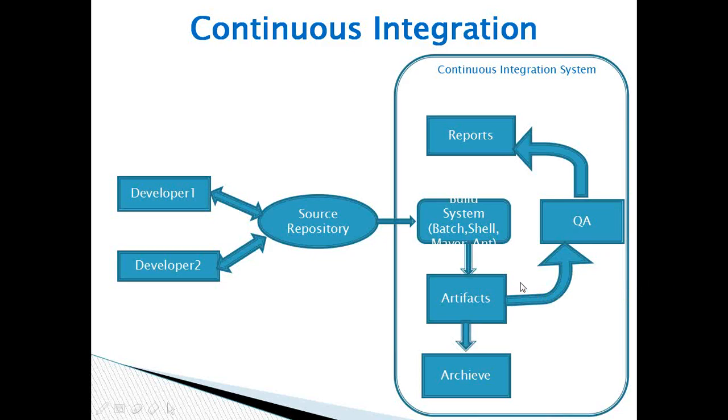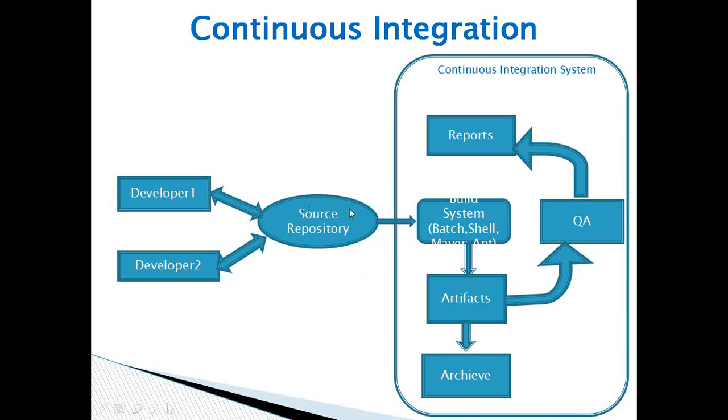Apart from continuous integration, there is a concept called continuous testing. With a set of automated tests, we can test the product continuously. Once the build is completed, we can run the automated tests to see the quality of the build. These continuous integration systems have plugins to publish the test reports. This diagram represents how the continuous integration system works.